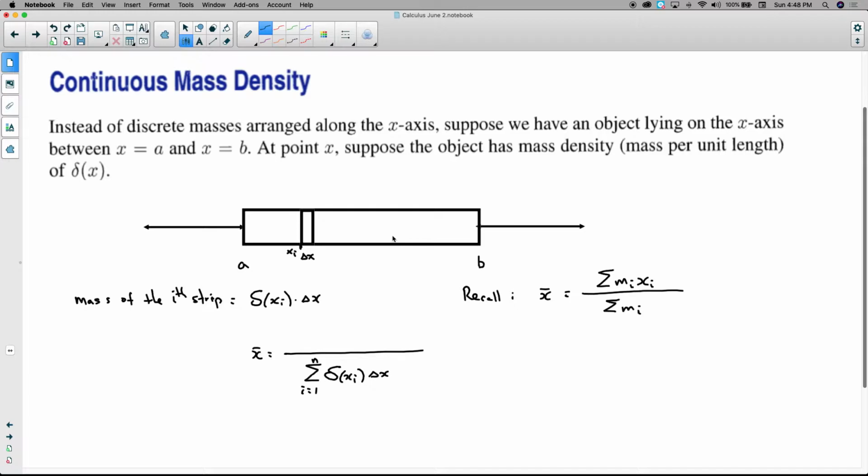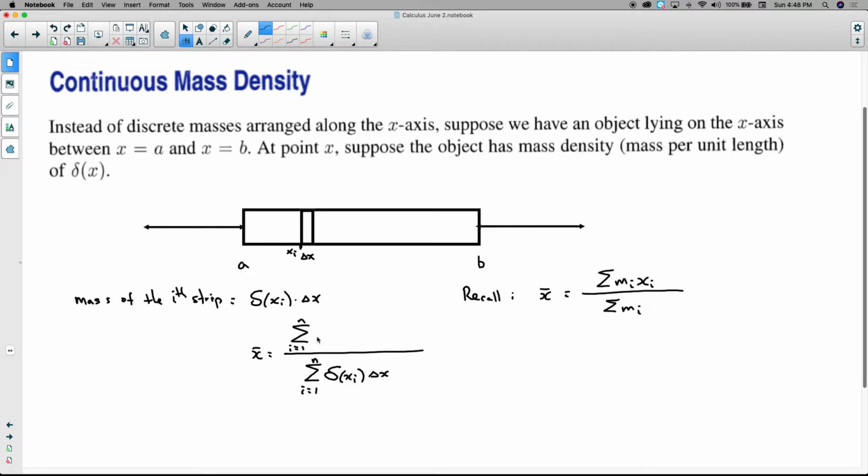All right. So meanwhile, up on top, we're going to sum together, again, running from 1 to n many such strips. And if we can use our formula over here, we're just going to swap out mass for delta x, dx, if you will, delta x, right? A little weird, times another x.